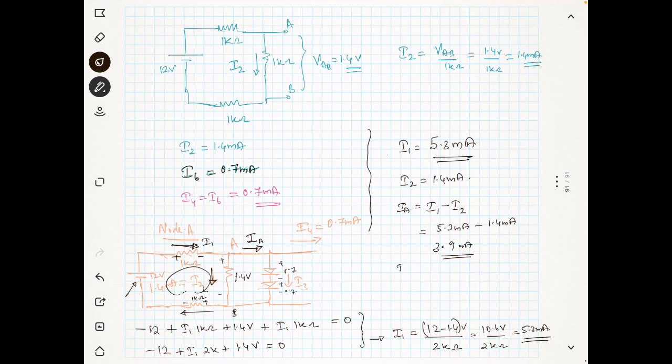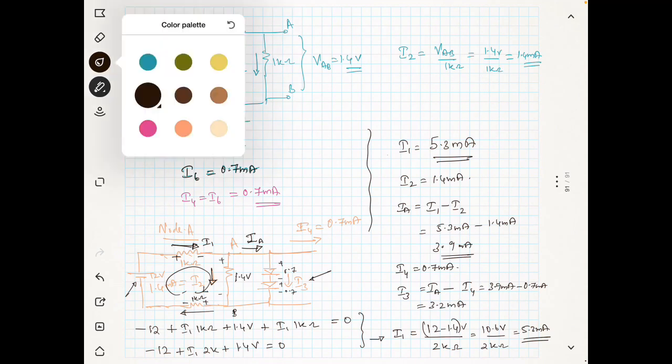Now you know that I4 is equal to 0.7 milliampere, so you can easily find I3. I3 will be equal to ia minus I4, which is 3.9 milliampere minus 0.7 milliampere, so it will be 3.2 milliampere.